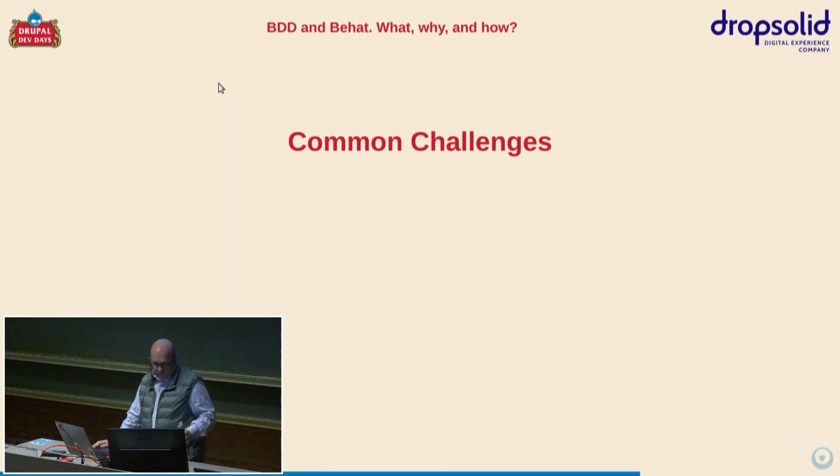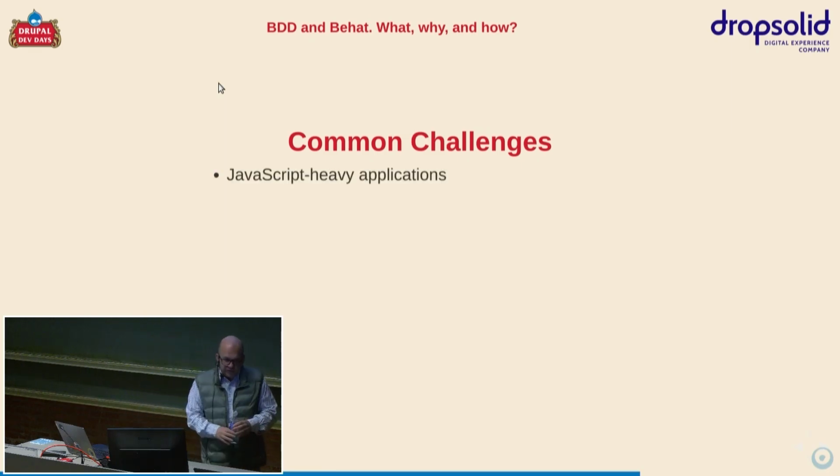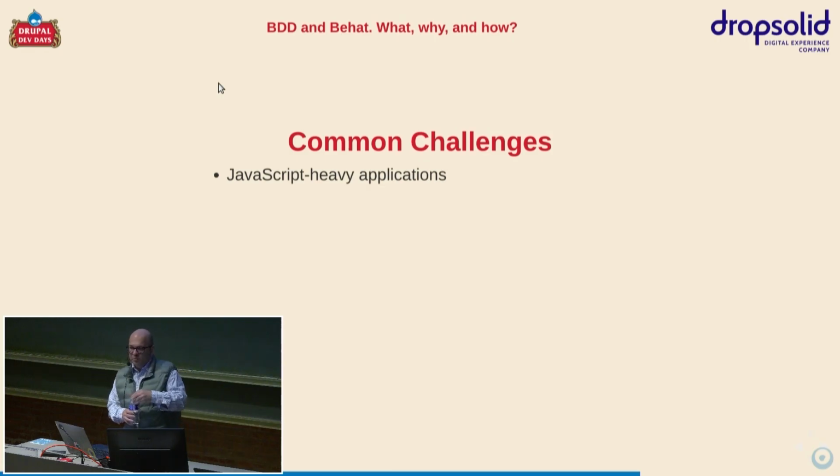So there are a lot of... this tool is very flexible, but it also has its challenges. And the first challenge that is quite frequent is JavaScript-heavy applications. If you have a heavily dynamic page, it can be challenging to explain to Behat what you want without being too specific or too technical.